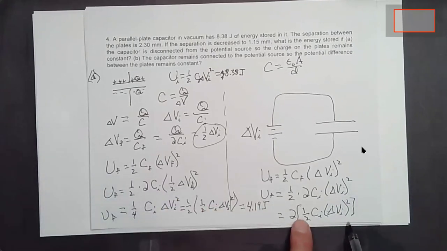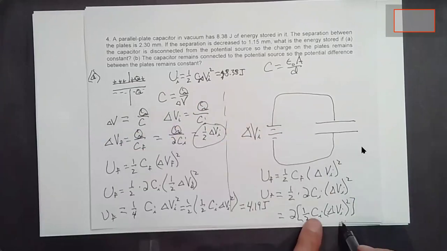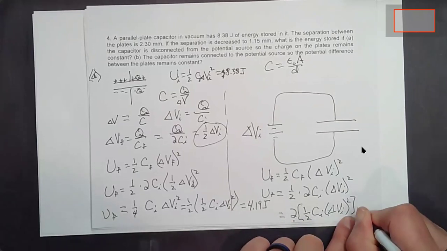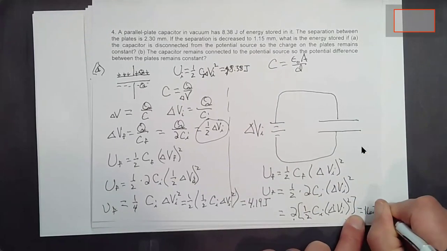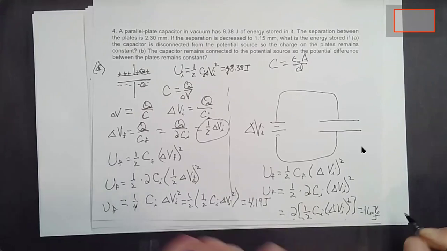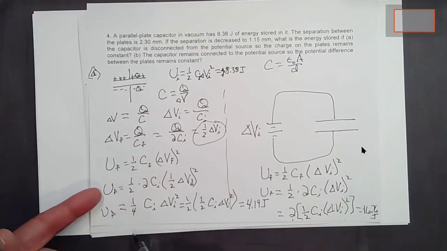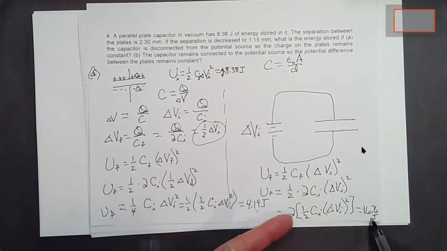Well, this much is the initial energy we had stored in here. It was the 8.38 joules, and we're multiplying it by 2. So you'd end up with 2 times that, which is 16.76 joules. So in the one case, we ended up with half the energy we started off with. In this case, we ended up with twice as much energy as we started with.